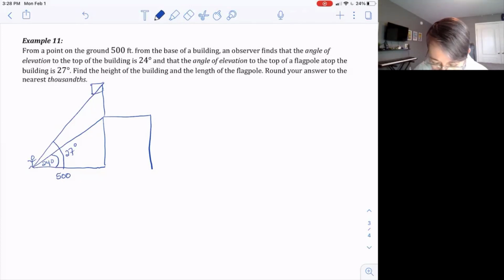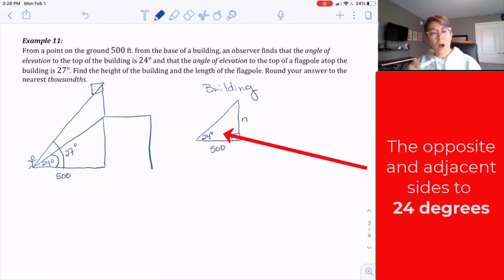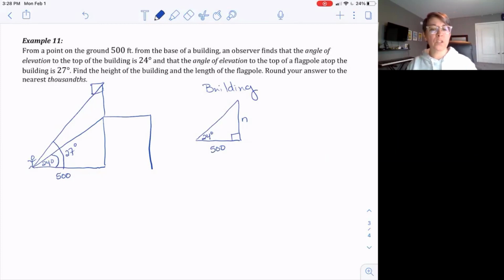So if we're just looking at the building triangle, we have 24 degrees, we have 500 feet, and we have the side of the building. Again, with that angle, we know the opposite side and the adjacent side. So let's use the trig function that uses the opposite and adjacent. That would be tangent.